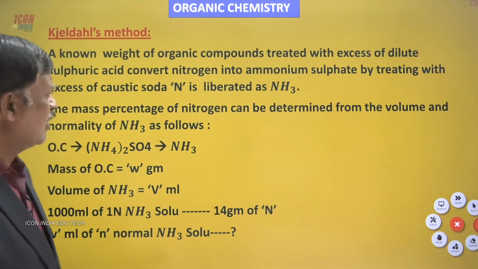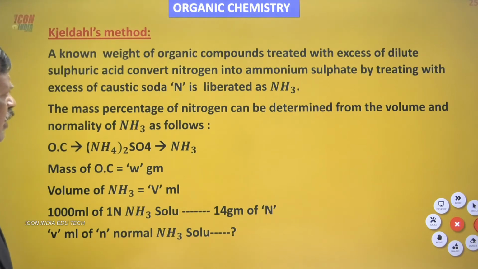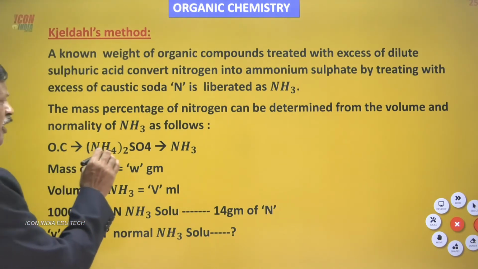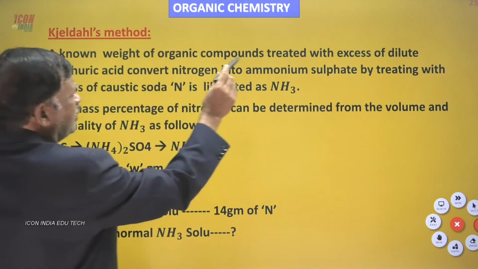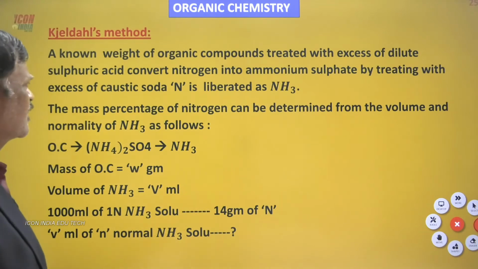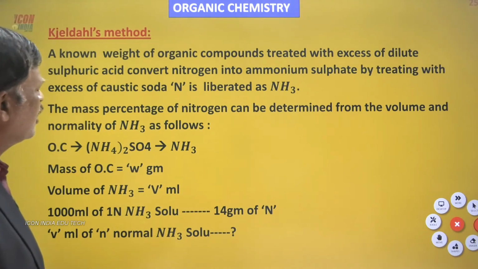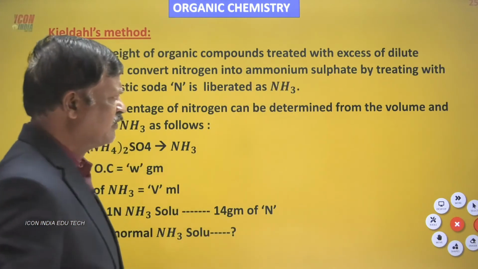Now come to Kjeldahl's method. In Kjeldahl's method, nitrogen is converted to ammonia. A known weight of organic compound is treated with excess of concentrated sulfuric acid, so that nitrogen present in the organic compound converts into ammonium sulfate first.